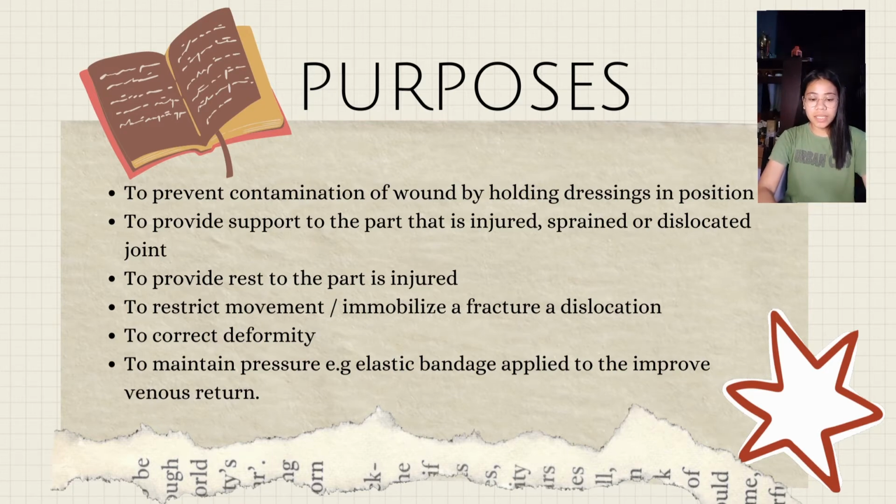The bandage is mainly used to hold the dressing and apply pressure to the wound. That's why, if you notice, each medicine kit has a bandage. This is to help the rescuer or any individual to administer care to an injured person.